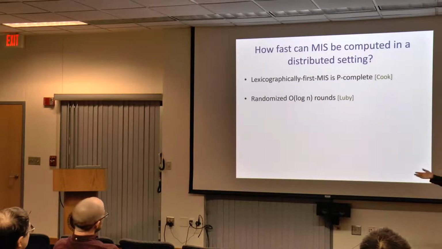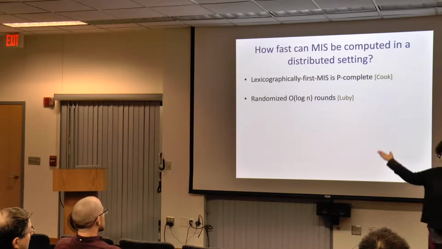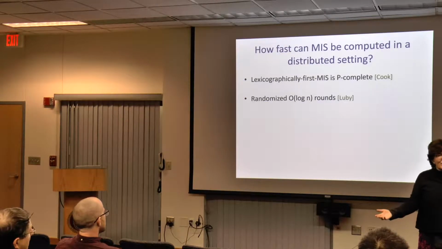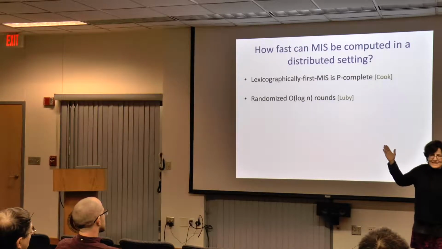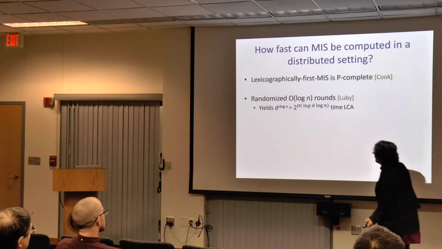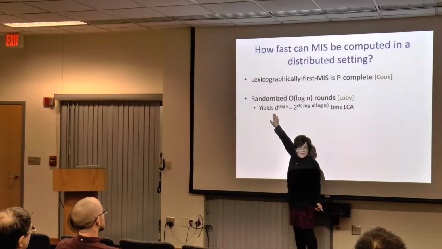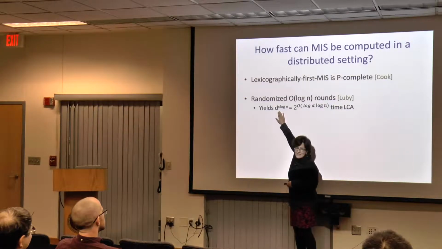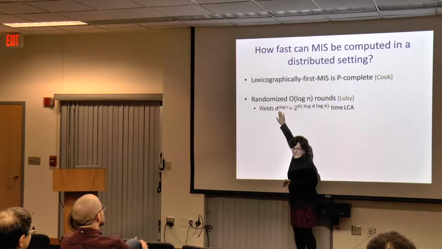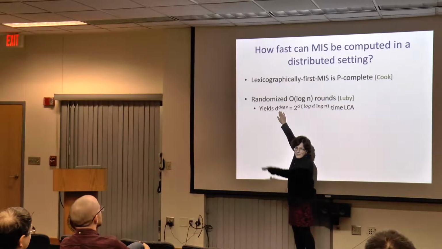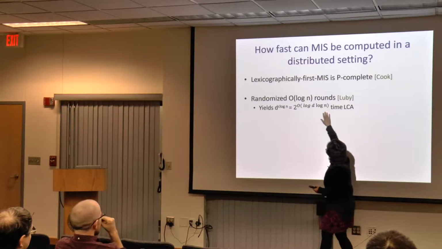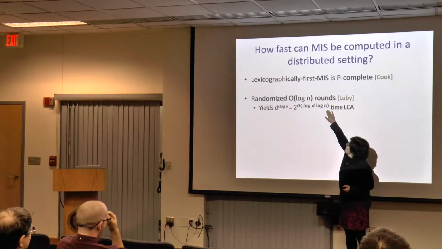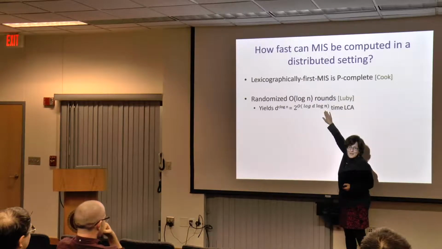However, there still is hope. In 1985, I think, there was a log n round randomized algorithm for maximal independent set. That in itself doesn't help us because if we try to sequentially simulate the log n ball around node V, we have to look at d to the c log n different nodes, which is super polynomial.